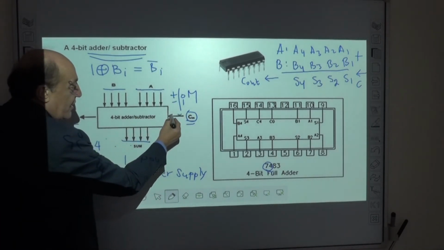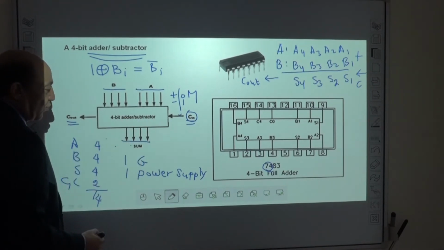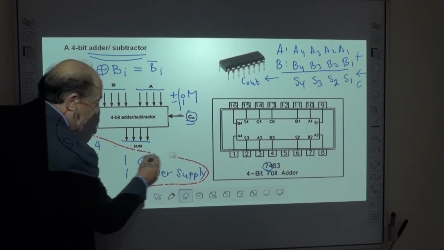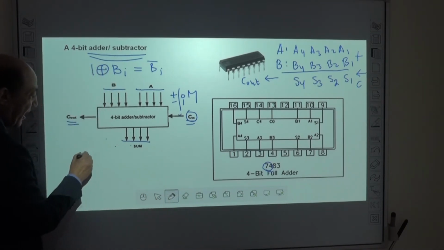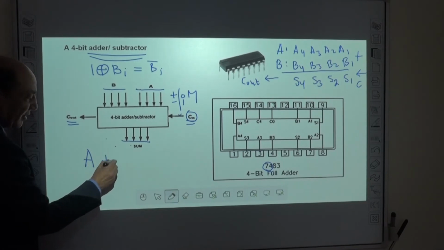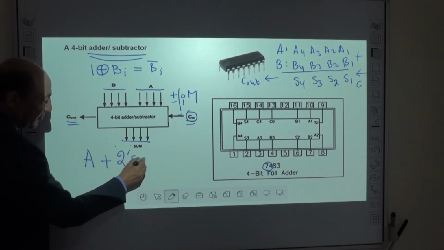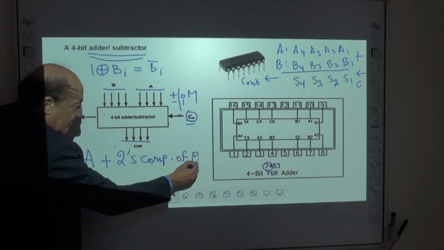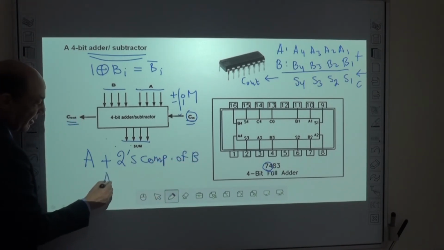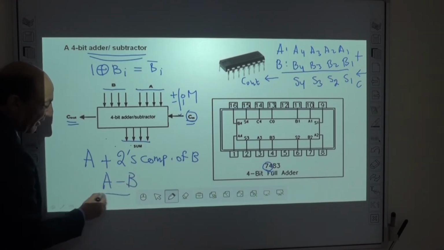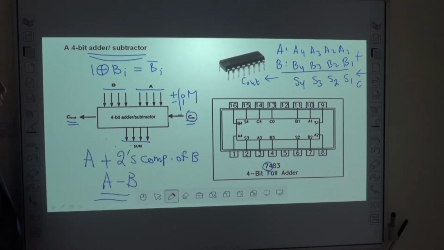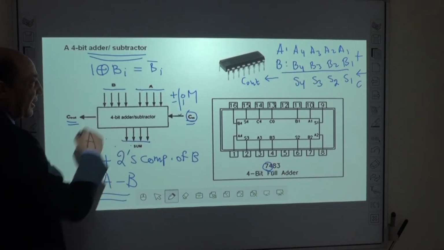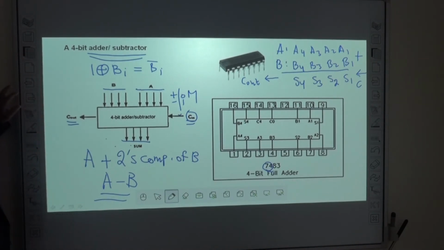And addition of 1 here, we obtain the 2's complement. This means that we are adding A with 2's complement of B. And this is equivalent to A minus B in case of the control 1. If it is 0, then nothing is changed and we add A to B.